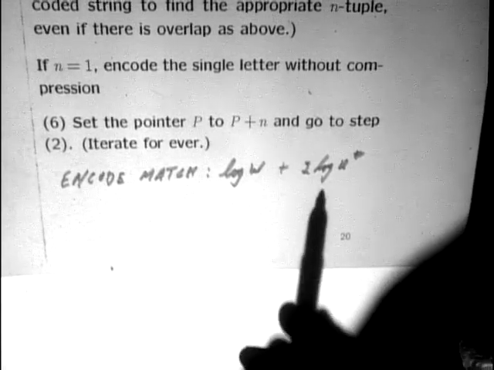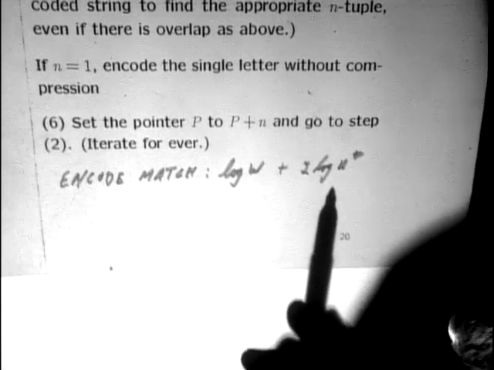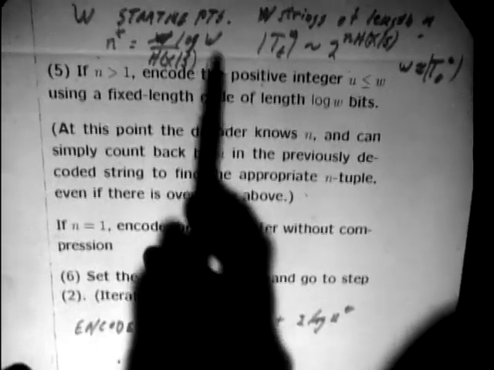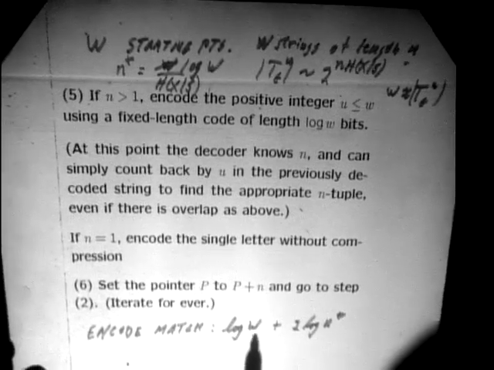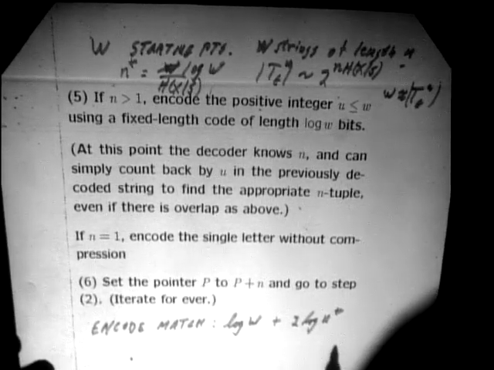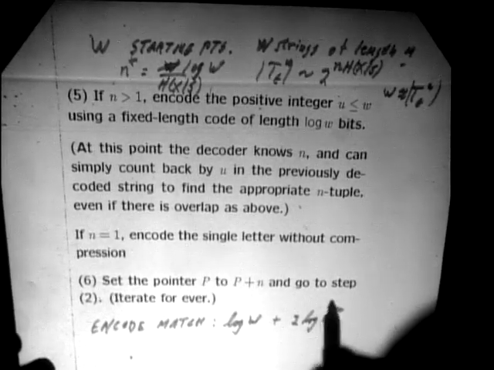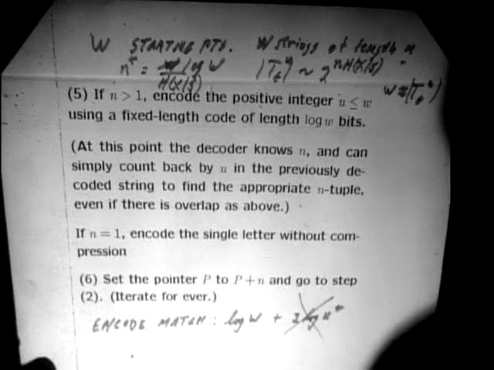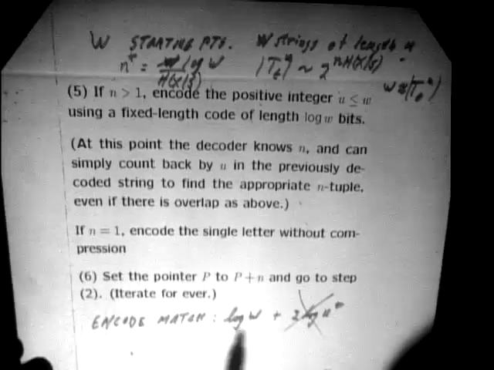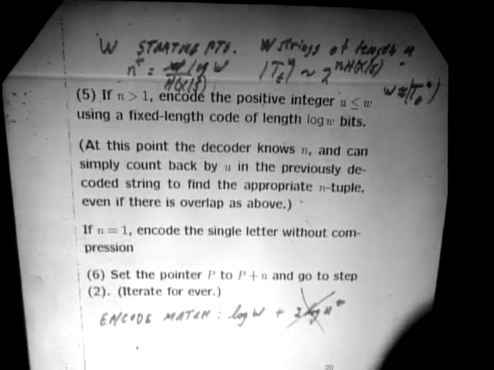Now, how big is this relative to this? Well, n star is on the order of log W. So we're taking log W plus 2 times log of W. So in an approximate analysis, you say, I don't even care about that. So you wind up with encoding a match with log W bits.